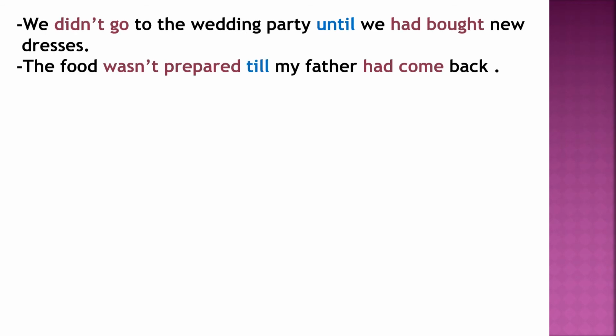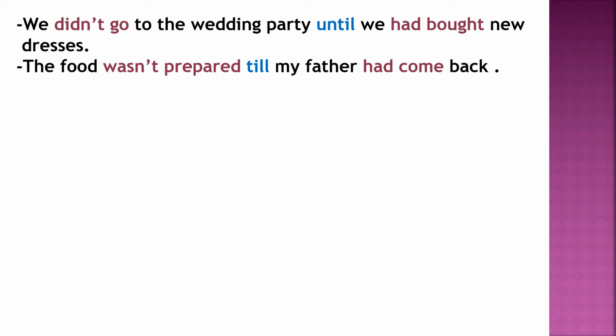But until or till. When I say we didn't go to the wedding party until we had bought new dresses. What happened first? We had bought new dresses and then we went to the wedding party.